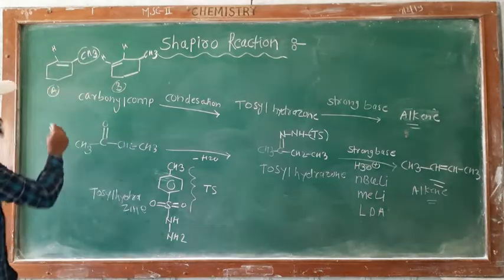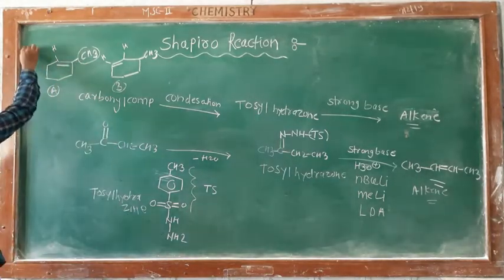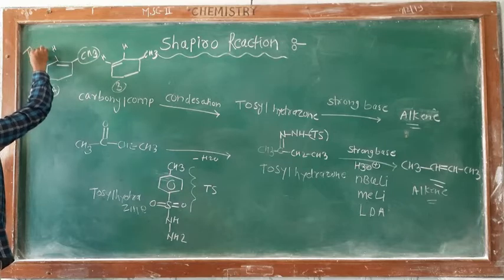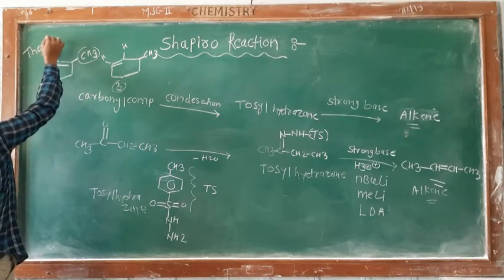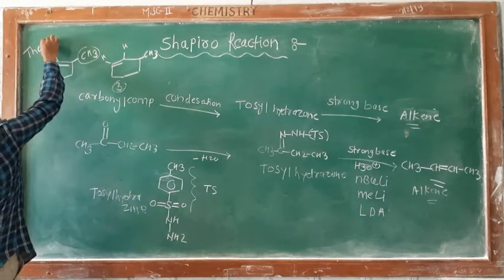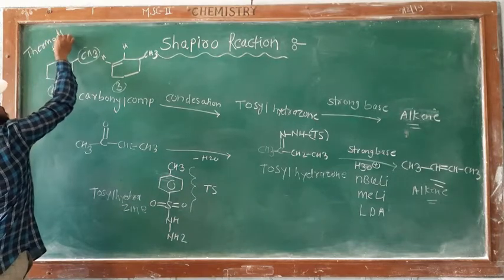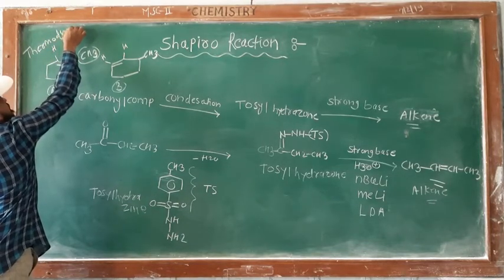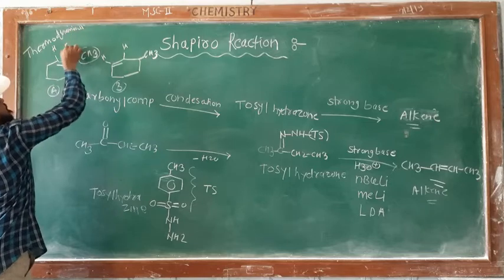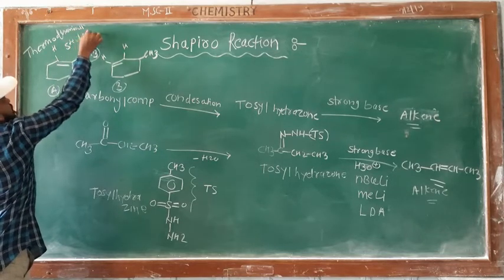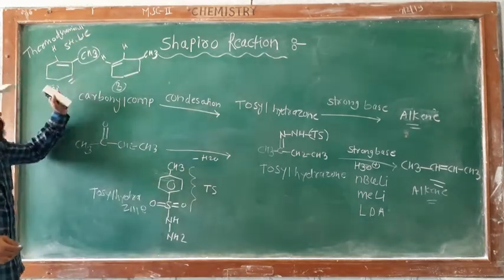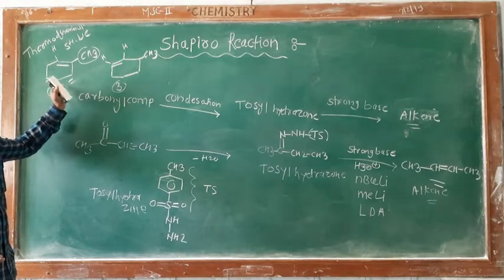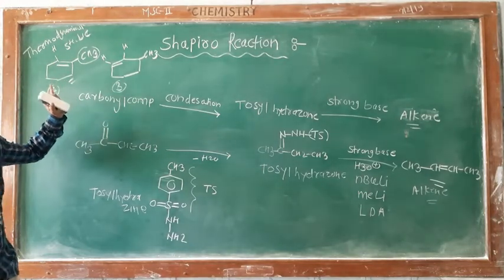This type of alkene is called a thermodynamically stable alkene. It is the major alkene. It is the more stable alkene because of more substituents.